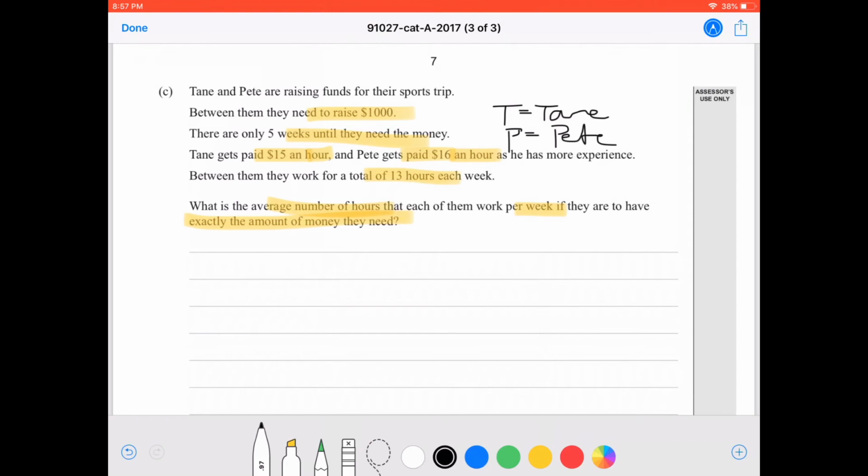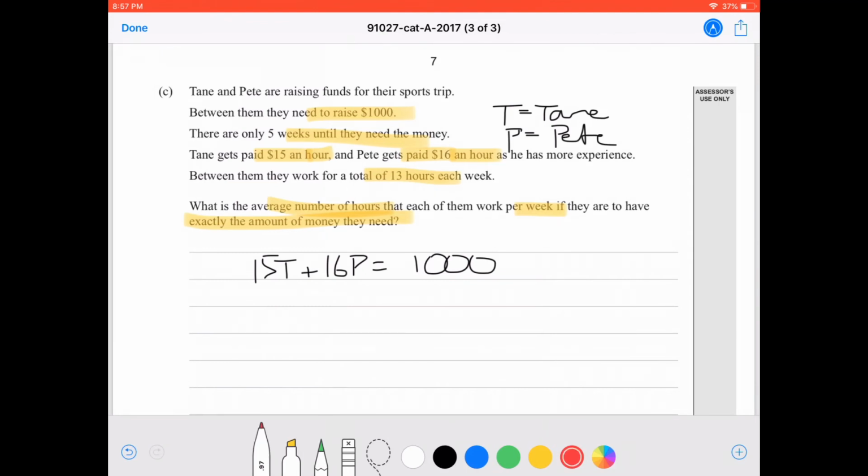And so we could say, looking at it in terms of money, 15T plus 16P equals, they need to raise $1,000, but we're talking on a per week basis, aren't we?